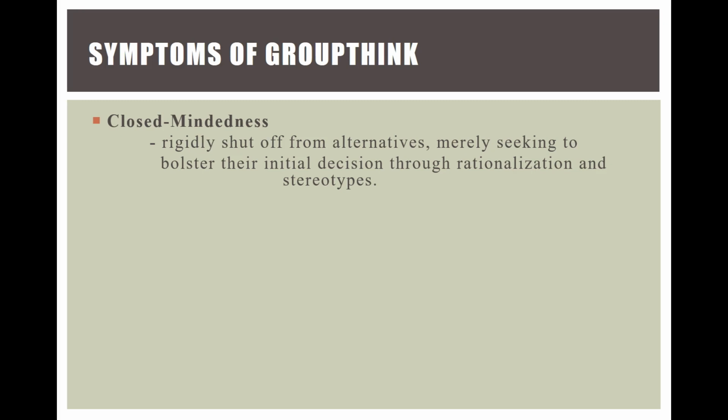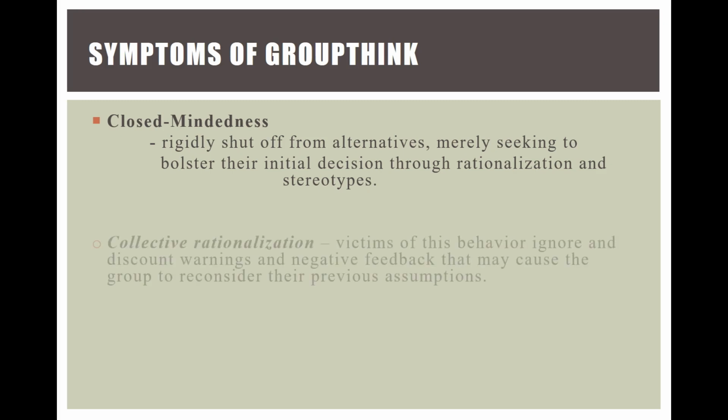They search for new ideas and perspectives, but they don't have an open mind. So a group with this symptom becomes a close-minded group that is rigidly shut off from alternatives, merely seeking to bolster their initial decision through rationalization and stereotypes. What are these two?